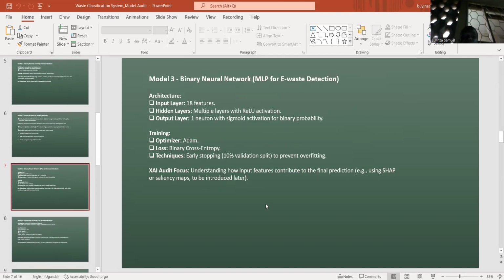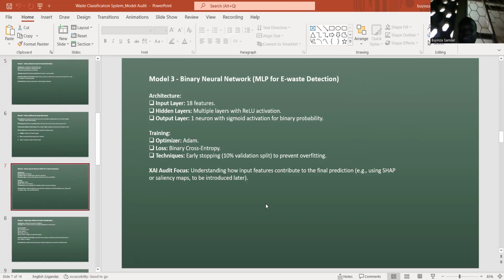So when we come to model 3, this covers the binary neural network, that is the MLP for e-waste detection. Its architecture: the input layer covers the 18 features, the hidden layers cover multiple layers with ReLU activation, then the output layer is one neuron with a sigmoid activation for binary probability.